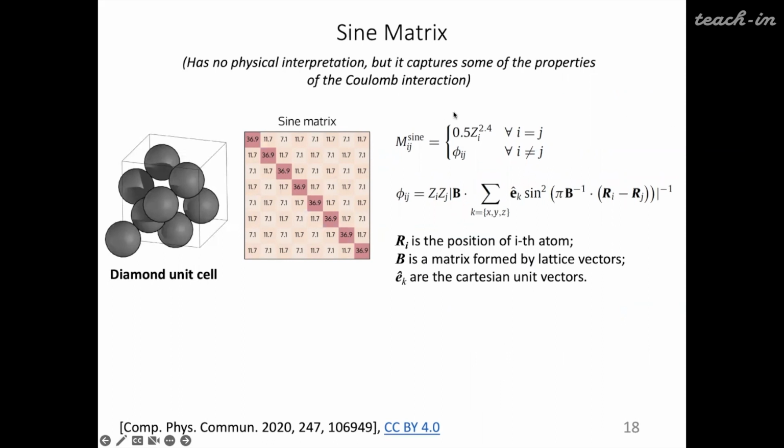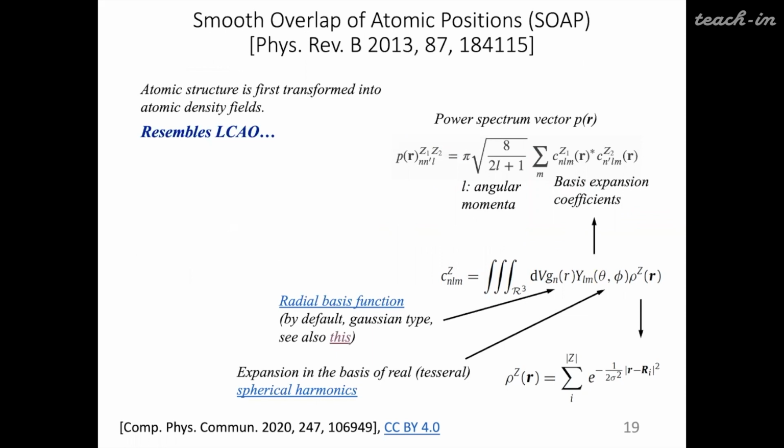So here we have a similar matrix, the diagonal elements, and the non-diagonal elements depend on interatomic distances. We can consider the so-called SOAP descriptor, which stands for smooth overlap of atomic positions.